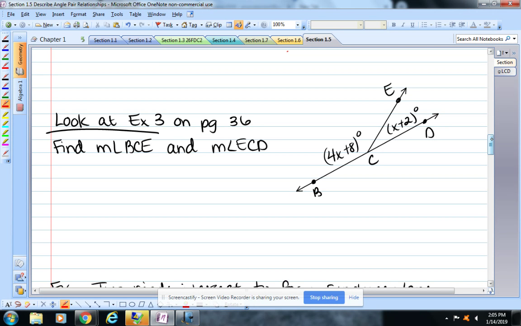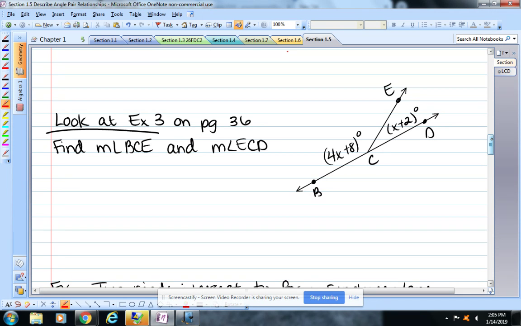But what do we know about these two angles? They're adding together to equal 180. Why do we think they're adding together to equal 180? Because it makes a straight line. Together they're making a straight line, aren't they? Y'all see that? Those two angles put together are making one straight line.